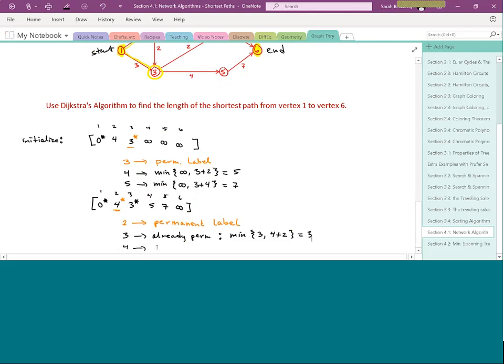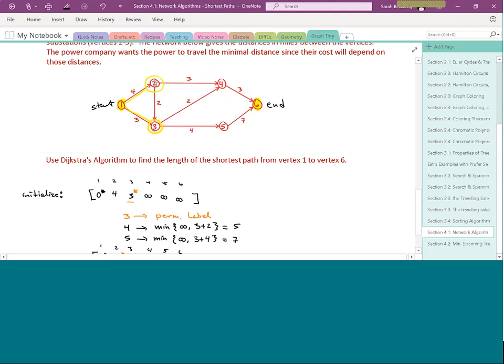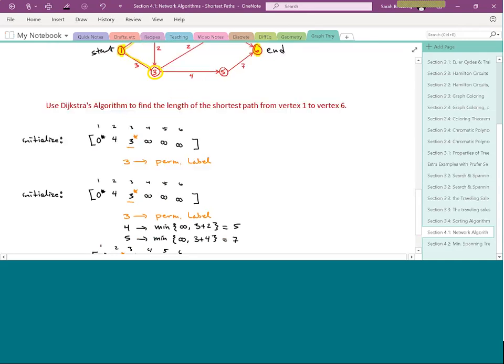Okay. Now, if we look at vertex 4, the new label on vertex 4 is current label on vertex 4, which is 5, pulling it right here from our list. And we're going to compare that to the current weight or current length to get to vertex 2, right here. And then we're going to check to see how much further it takes to get from vertex 2 over to vertex 4. So we'll add in that 3, so plus 3.